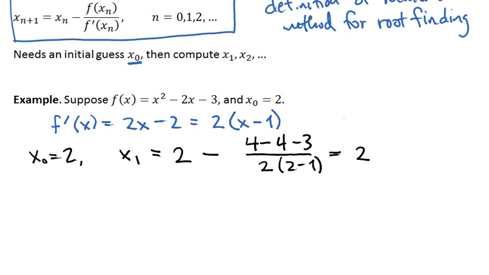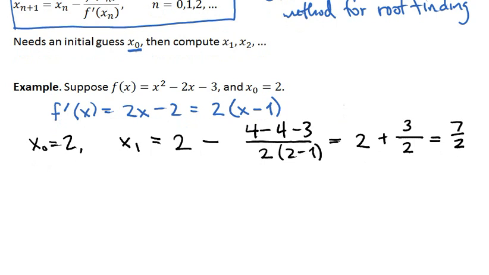So we get 2 minus negative 3, so that becomes a plus 3 over 2. And that's 7 halves. All right, now we have x_1. Let's compute f(x_1).